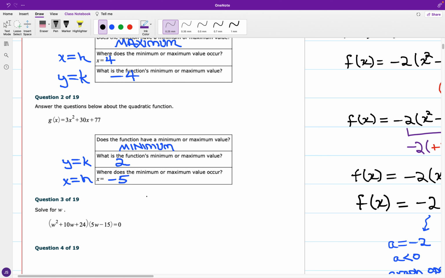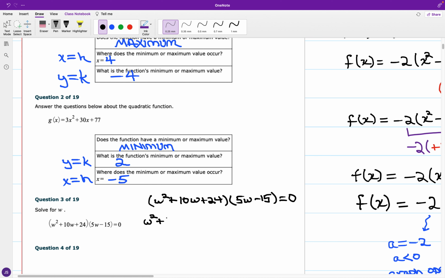So I'll just say here we have w squared plus 10w plus 24, times 5w minus 15, is equal to 0. We're looking at solving for w, so we have these two factors here. I could technically factor these items further, but we can just go ahead and set up equations with what we have here.